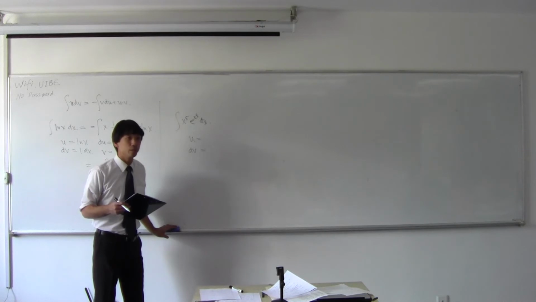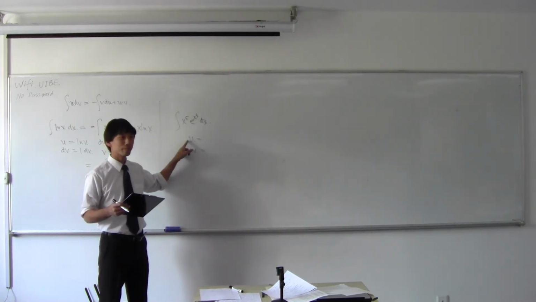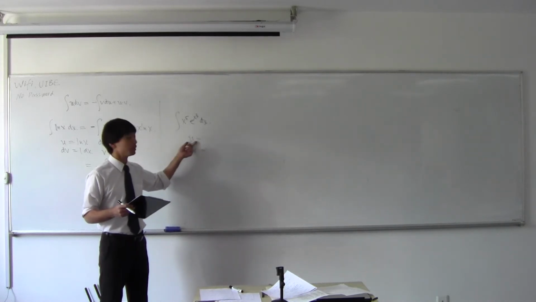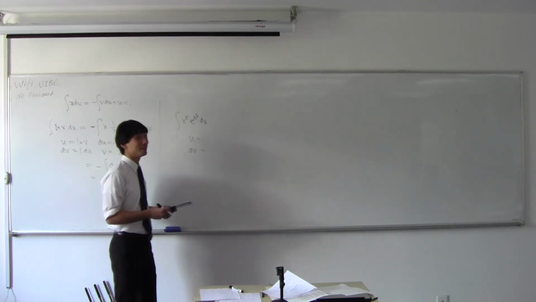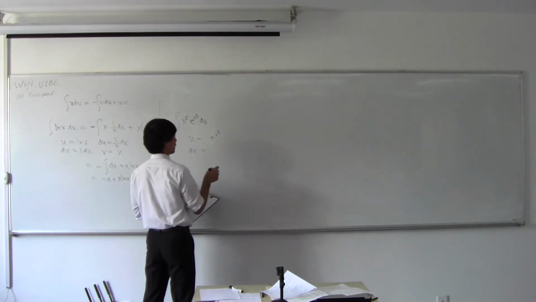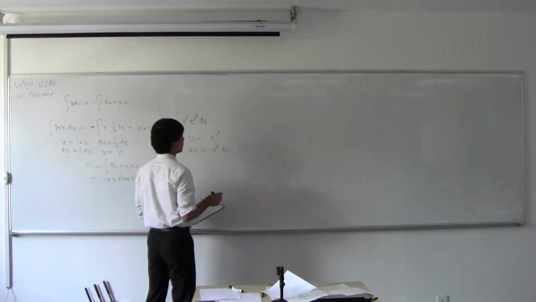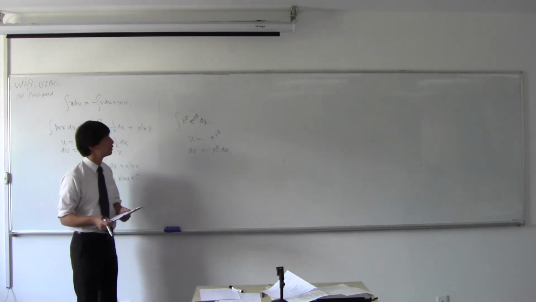Who would like to say what you're going to choose? What are you going to choose as your u? Say. e to the x cubed. Okay. And maybe dv is x to the fifth dx.